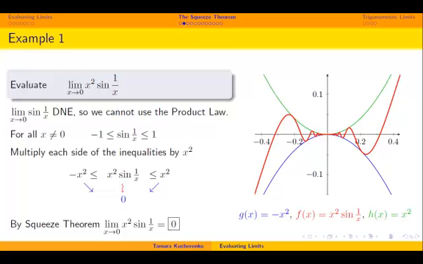The red function oscillates between the blue and the green parabolas, but at 0 it is squeezed and therefore is forced to have 0 as its limit.